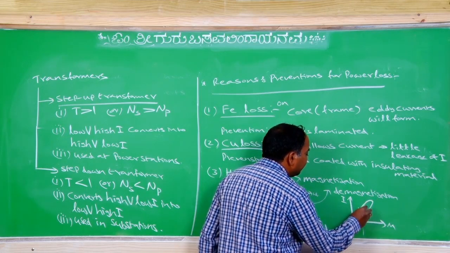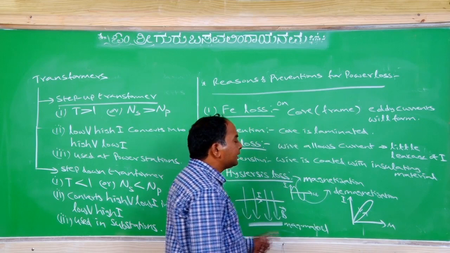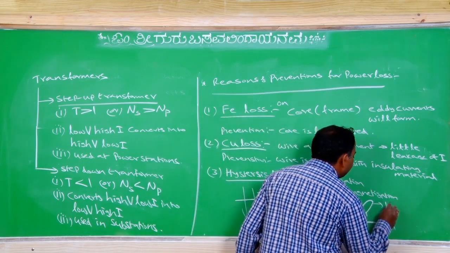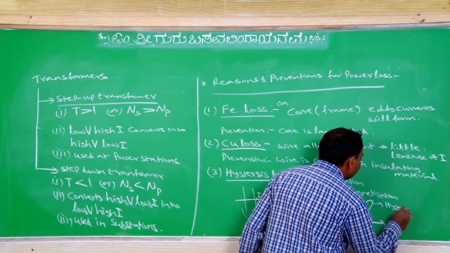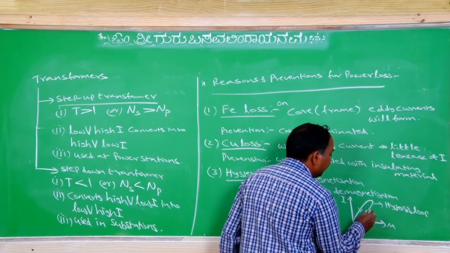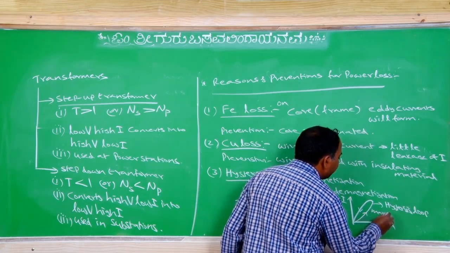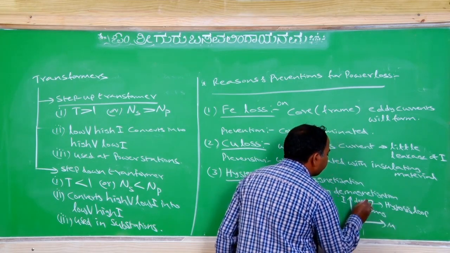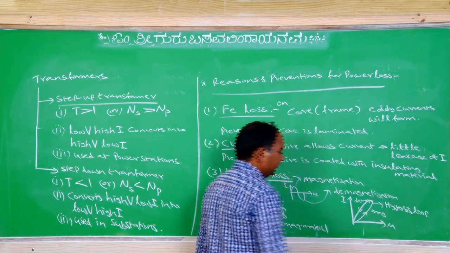This loop is the hysteresis loop. In this loop, this part represents magnetization and this part represents demagnetization.